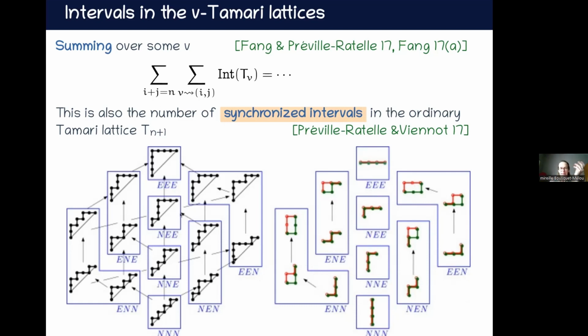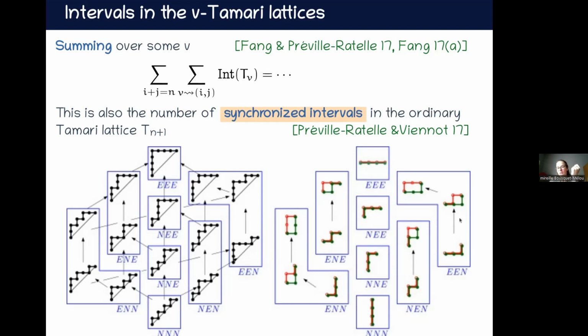And as you can see, there is a way to partition the Tamari order on the left into intervals in such a way that every v-Tamari lattice here occurs once. And the way to partition is rather easy to describe.